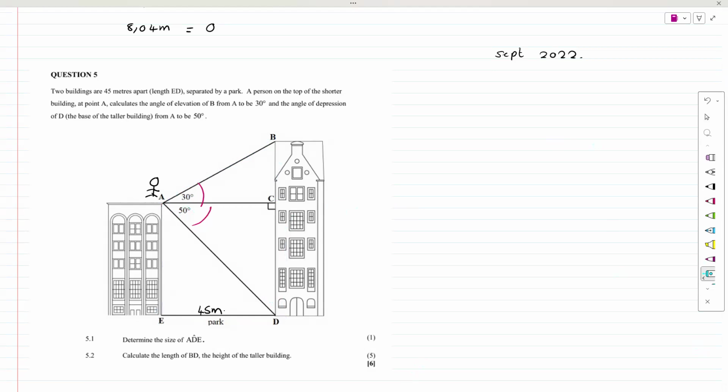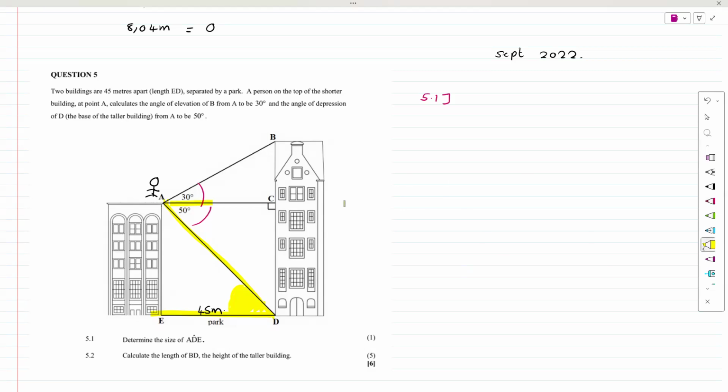Determine the size of ADE. So there's A, there's D, and there's E. They want us to find this angle right here. Now this angle should not be very difficult because 5.1 is only one mark, guys, so that means there are no calculations.